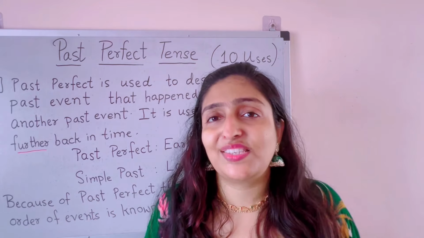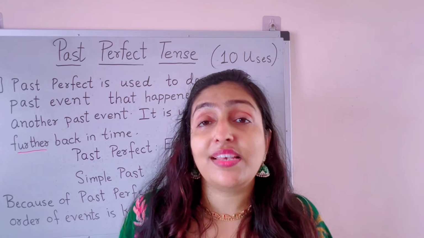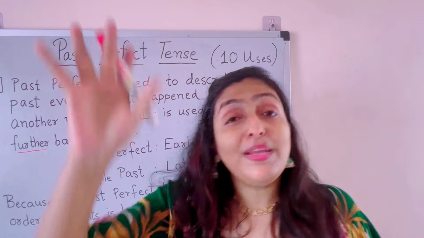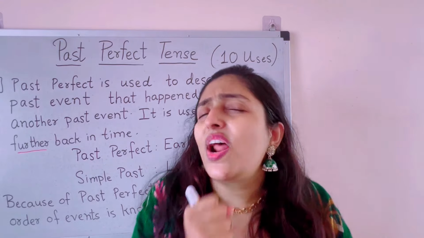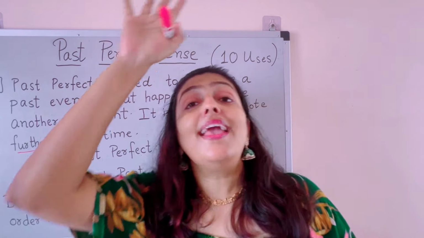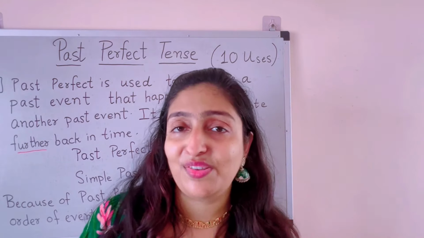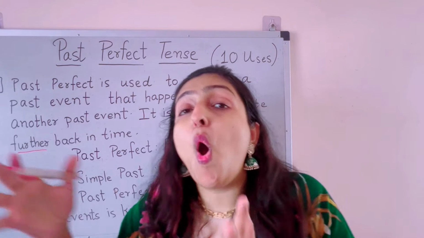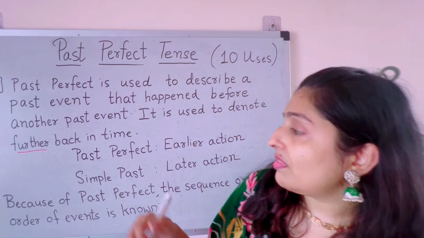For instance, simple past comes running to you and says, "Hey, I happened in past." And then past perfect comes running to you and says, "Hey, I happened even before simple past." So this is the order of events in the sentence.